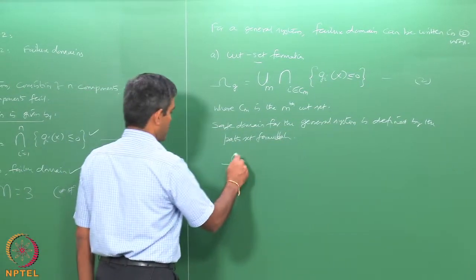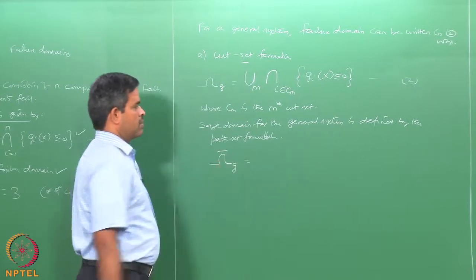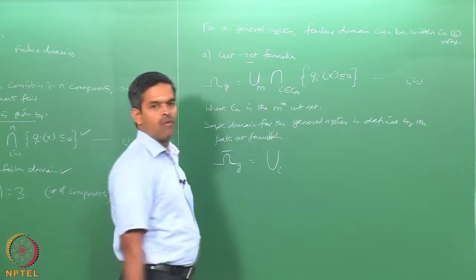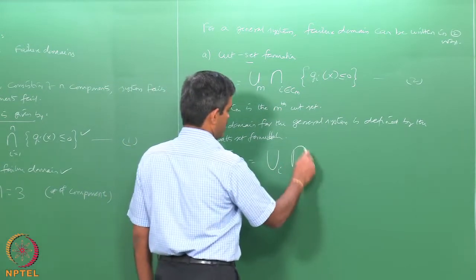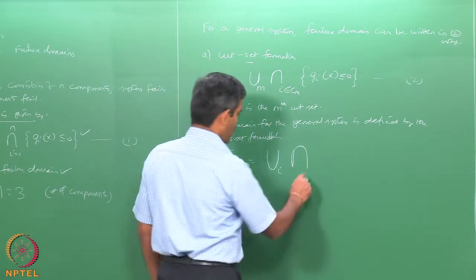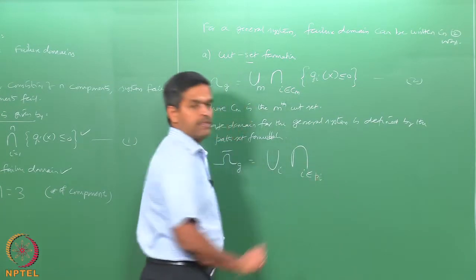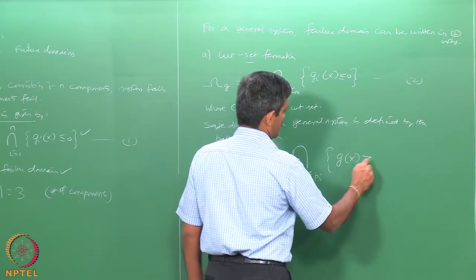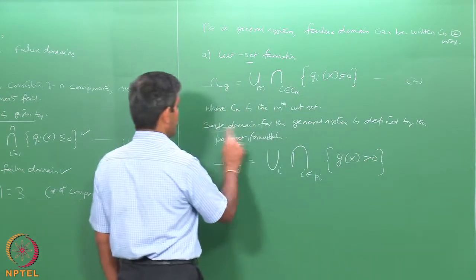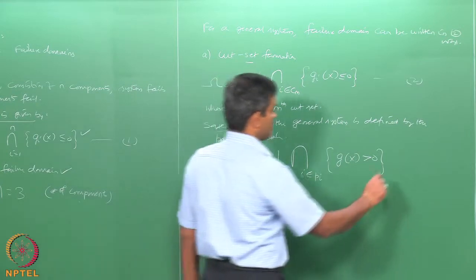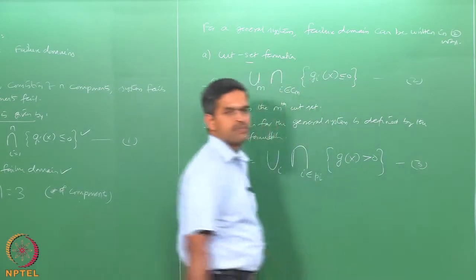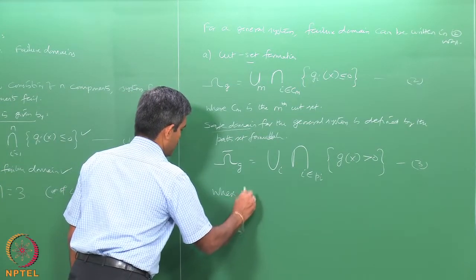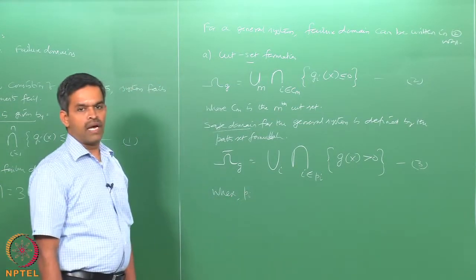That is going to be the safe domain, which is the union over i of the intersection over i element of Pi with G(x) greater than 0, because I am talking about the safe domain. Equation number 3, where Pi is the ith path set.